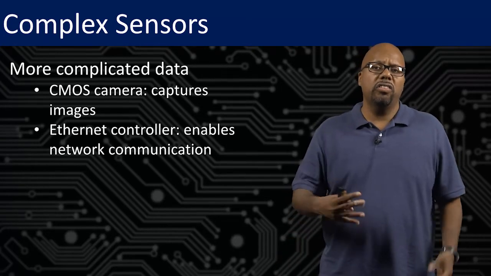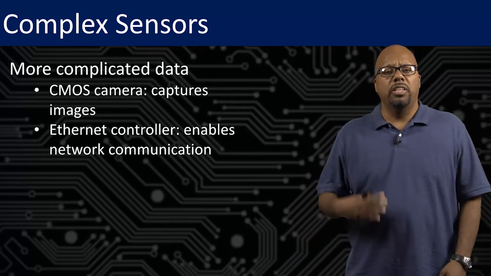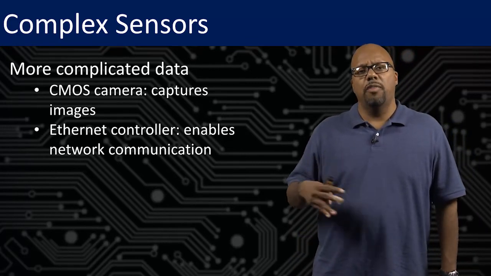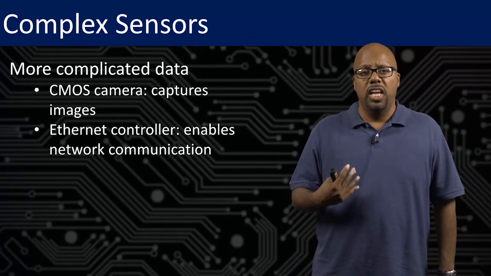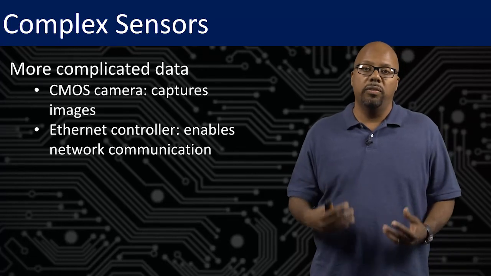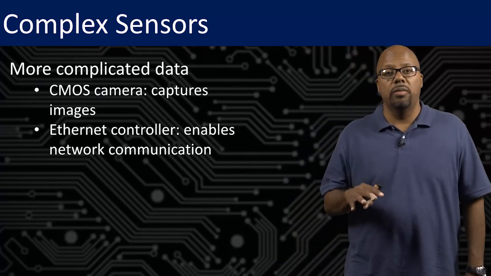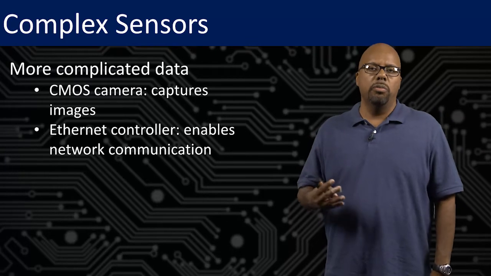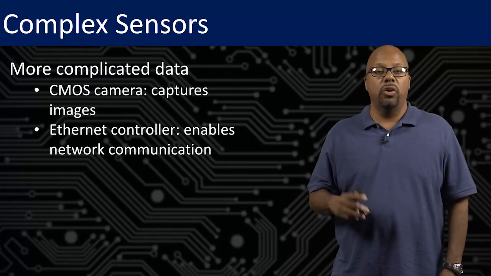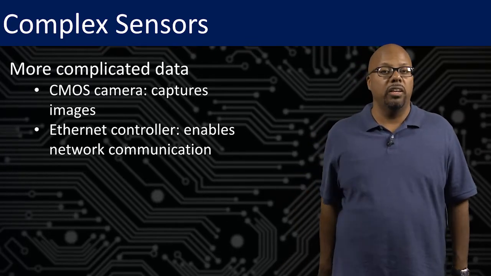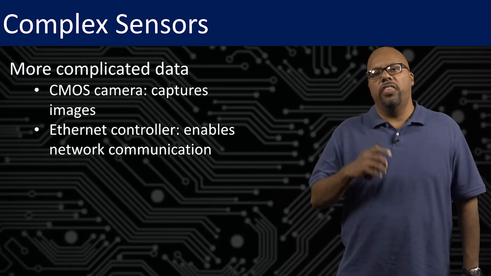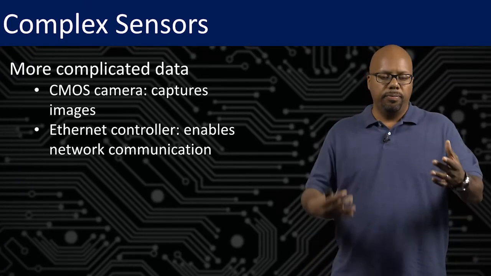So this is a sensor. It's still receiving data from the outside world, but it's a much more complicated sensor. There's a lot more data to receive, and it's more complicated to work with generally. Now, we can still work with them, but you generally have to know a little bit more about the circuitry in order to do that, or use library functions, which we will talk about later. Also an Ethernet controller. You can see that as a sensor.